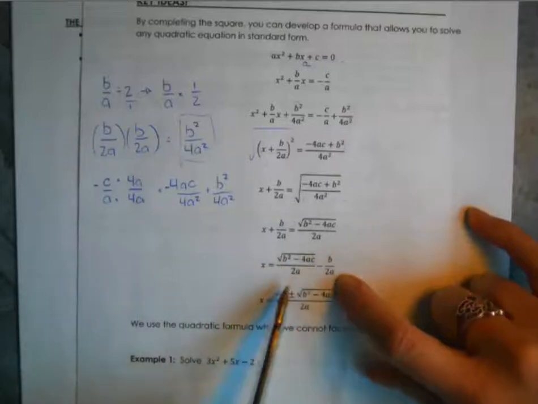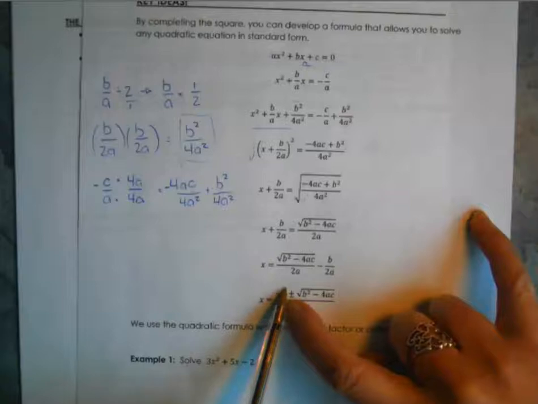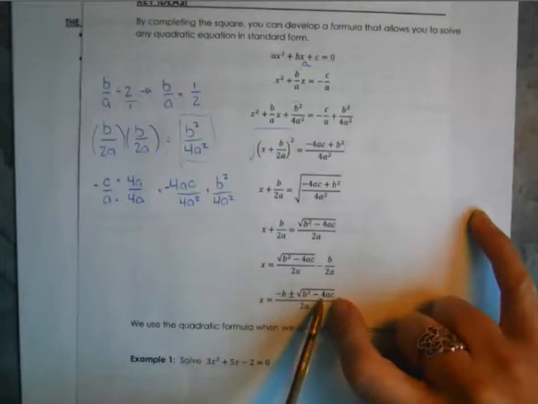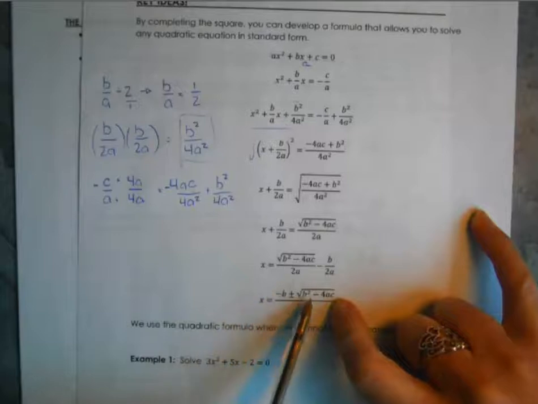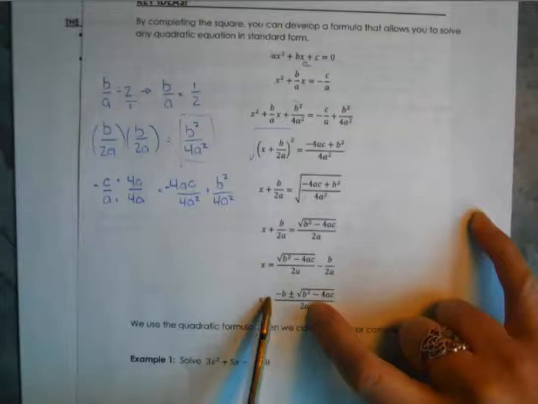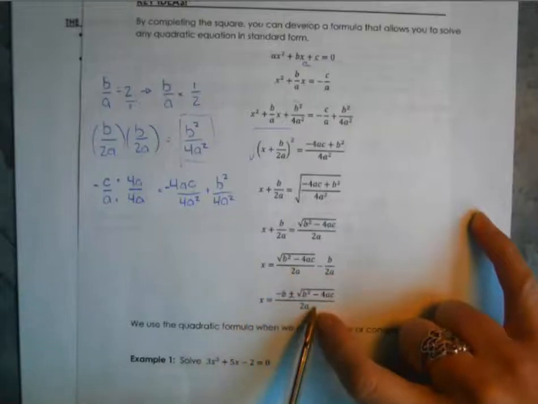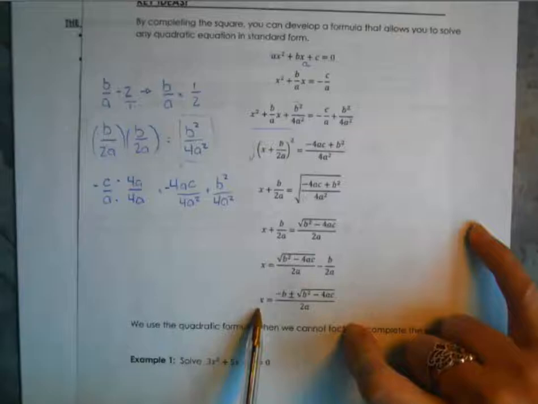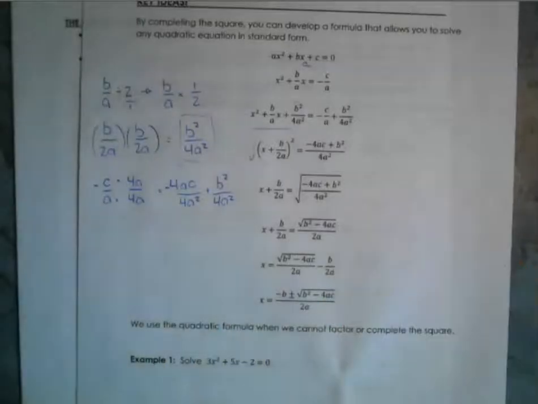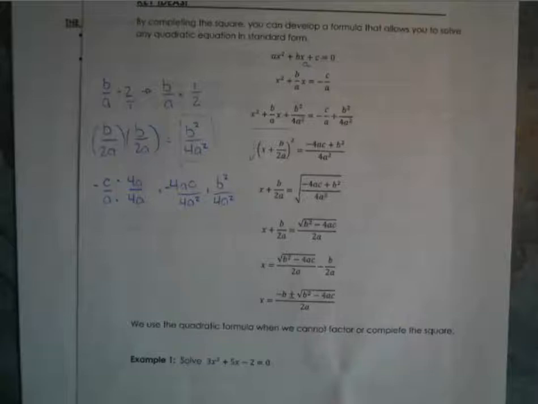So again, they've rearranged it and put the negative b out front instead, and then plus or minus the square root of b squared minus 4ac, instead of doing plus or minus the square root of b squared minus 4ac minus b. Just rearranging it so it's a little bit more straightforward. And then the denominator stays the same as 2a. And this here is our quadratic formula. So this is what we're going to be using in this section to solve quadratic equations.